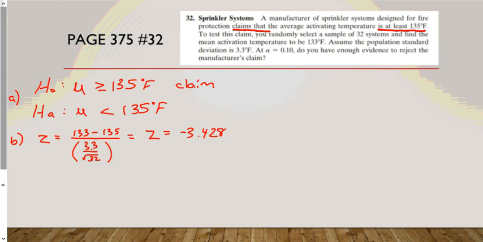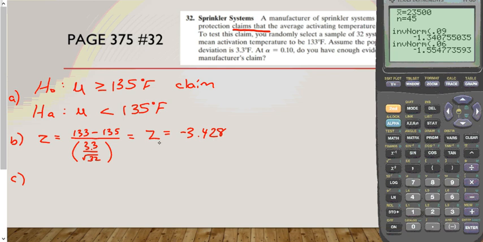So let's go ahead and find our p-value here. So this is kind of doing it all. I don't want to call it exactly by hand because we are using a calculator. But what we want to know is how much area is to the left of this in a standard normal curve. So I'll go here to distributions.